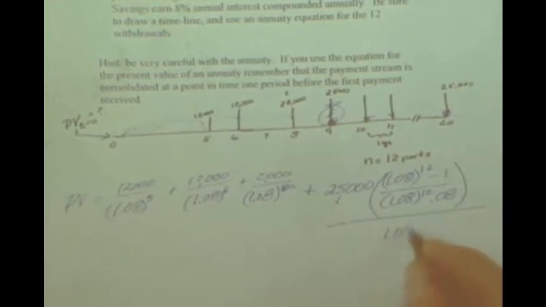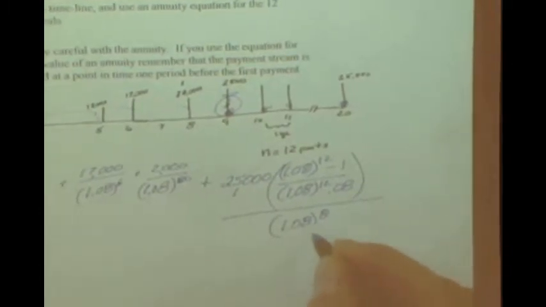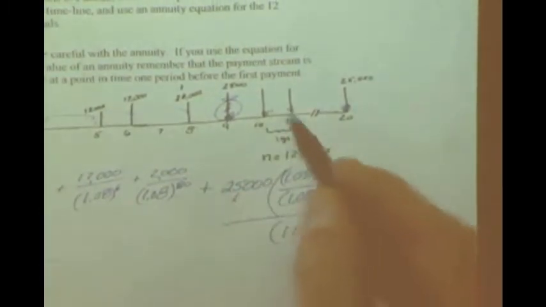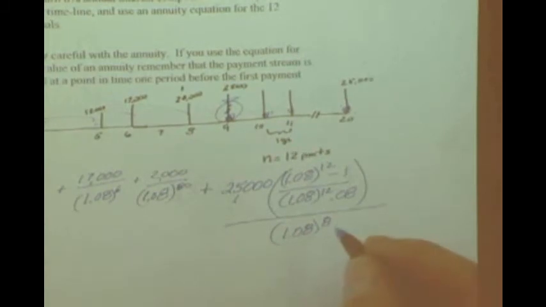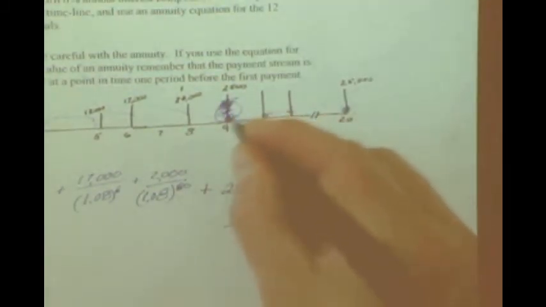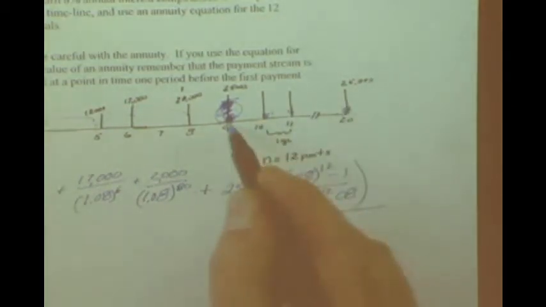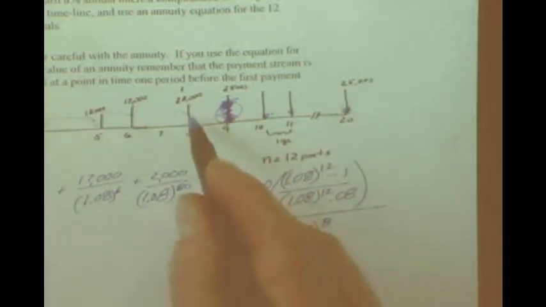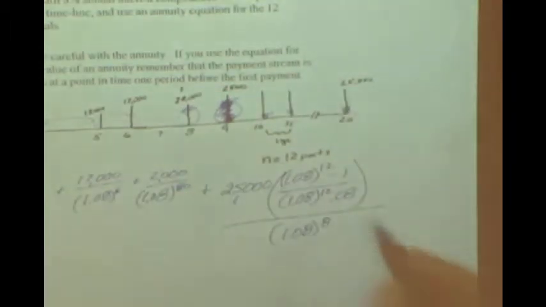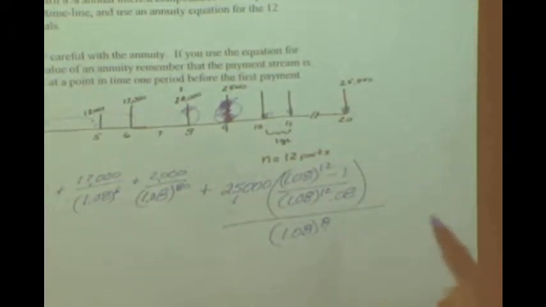And so, I don't know how much it is, but whatever it is, I'm going to take all of it and bring it back 8 periods. Well, 9, wait, I'm sorry. Oh, I made a mistake. Erase that. The first payment was at year 9, so that money bag's sitting at year 8, and we do bring it back 8 periods.